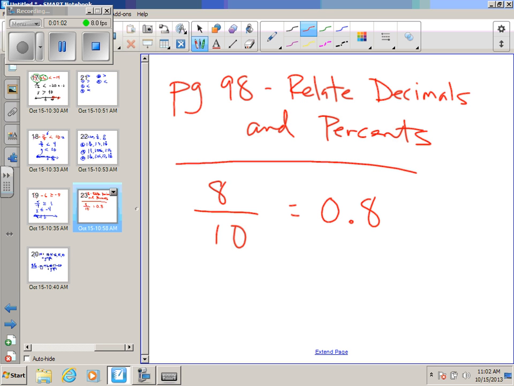Okay. Now, we said that if you had 2 wrong, which would be the 8 out of 10, you had a C. What percent is a 0.8 or 8/10?